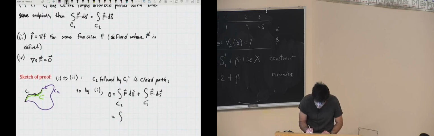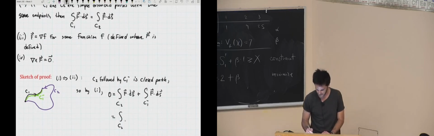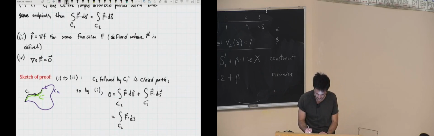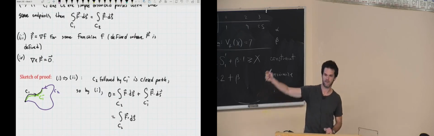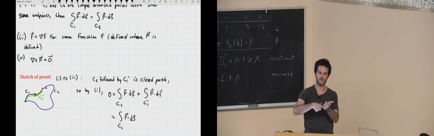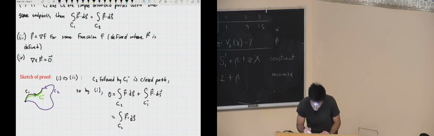But as we know, and as appeared as a midterm problem, what happens if you integrate a vector field along a path in reverse? Everyone should know this one now. If you integrate a path moving backward, that's the negative of what you would get if you integrated the path moving in the forward direction.